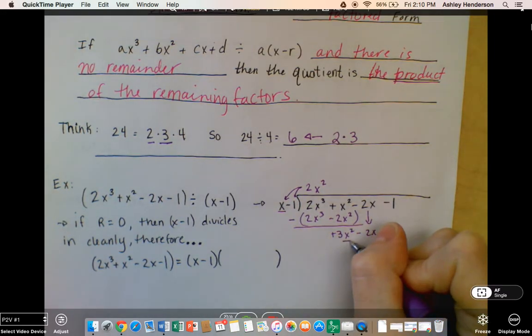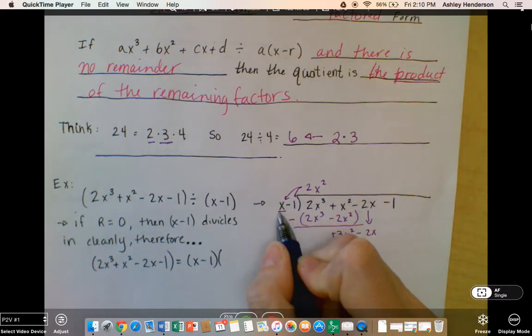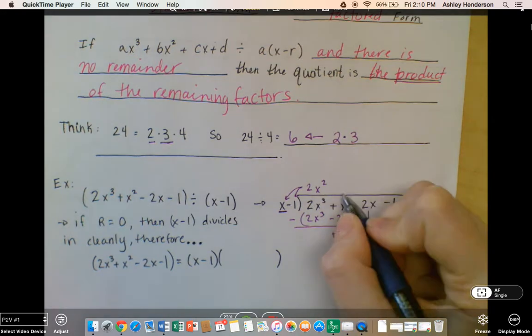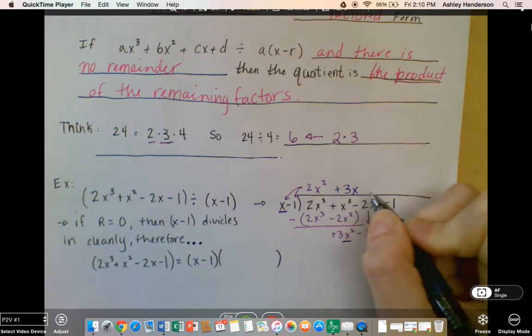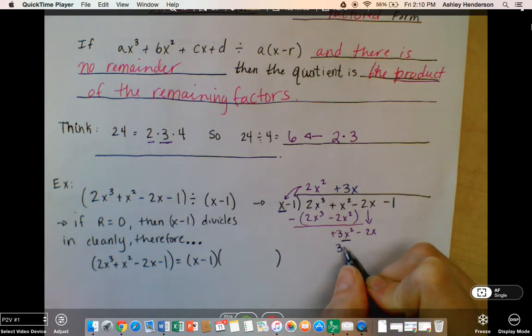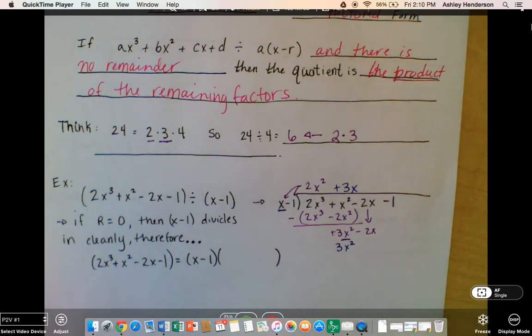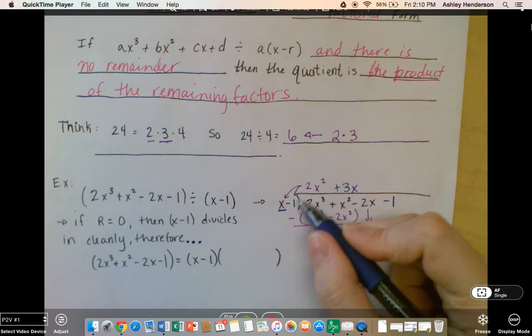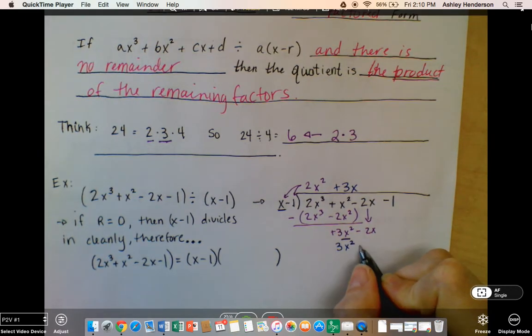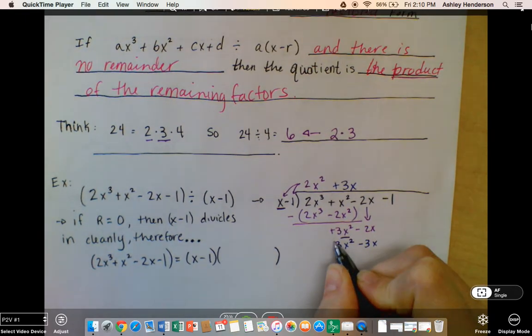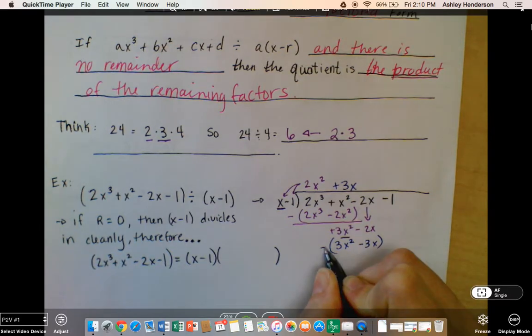x goes into 3x squared 3x times. So I'm going to say 3x times x makes 3x squared, and then 3x times negative 1 gives me negative 3x, and I'm going to subtract and get 0.